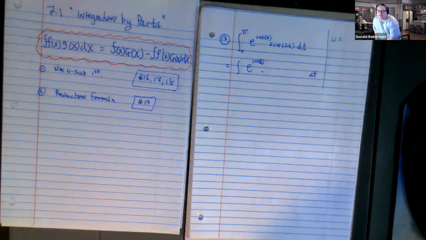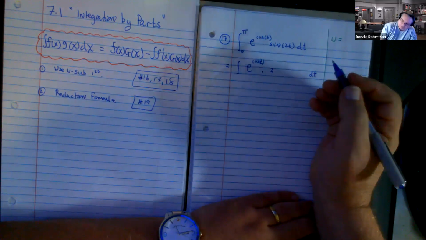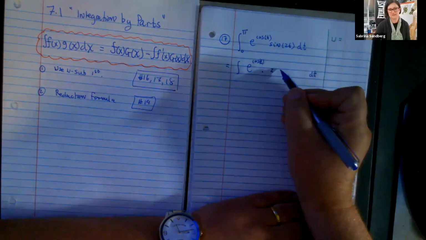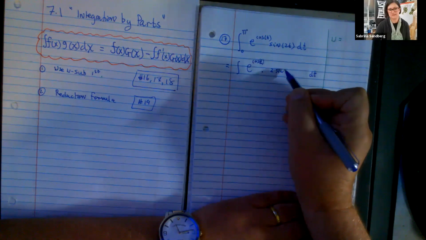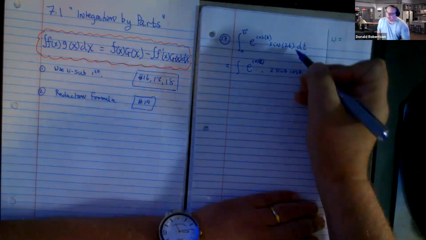Does anybody know a trig identity for the sine of 2t? Double angle, I heard. So 2 sine t times cosine t? Now, would you agree that this and that are the same thing, right?